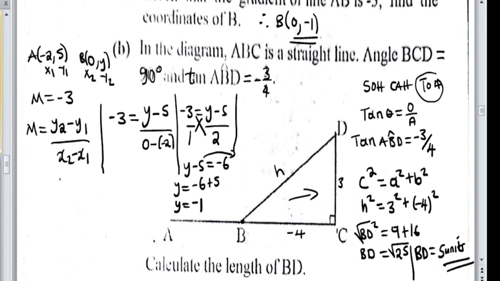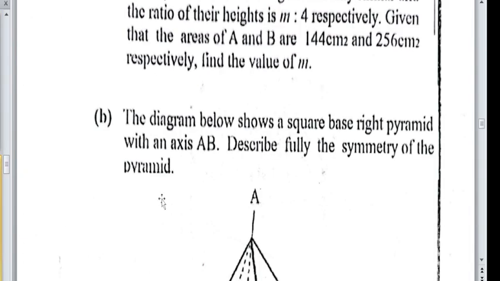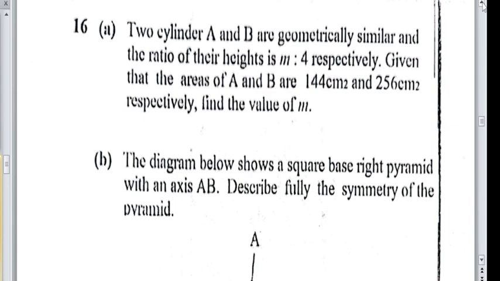We therefore move on to a different question. So we have this question, which is question 16. Question 16 is a question on a topic that we call congruence and similarity.